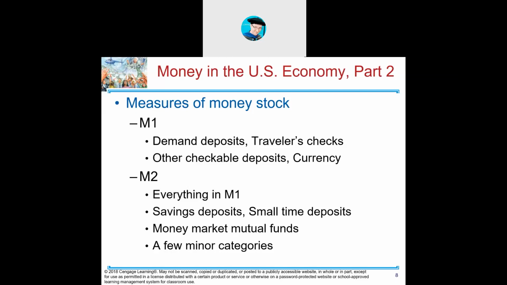Now, if you look at those elements, savings deposits, small deposits, money market mutual funds, minor categories like stocks and bonds, what that's actually measuring is intrinsic value, because we're storing the value of dollars in things like security deposits, mutual funds, stocks and bonds. And so M2 is the measurement of the entire flow of money in the system, including things with intrinsic value.